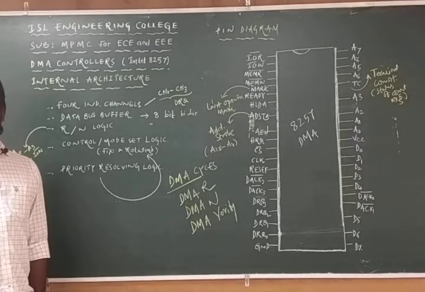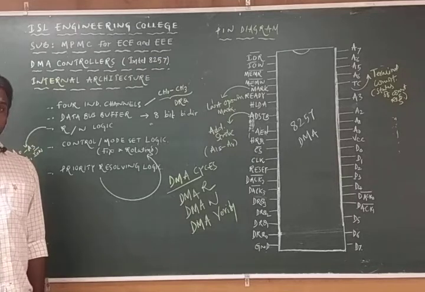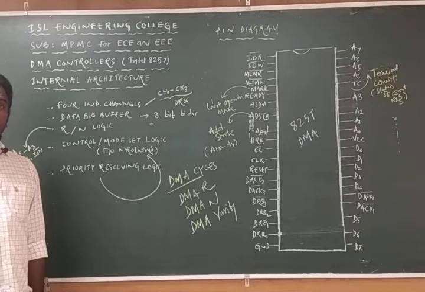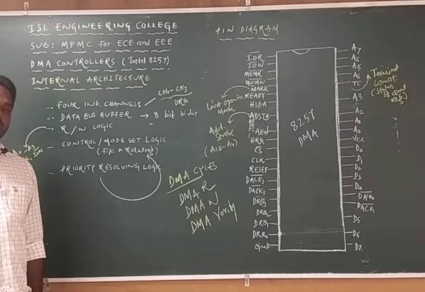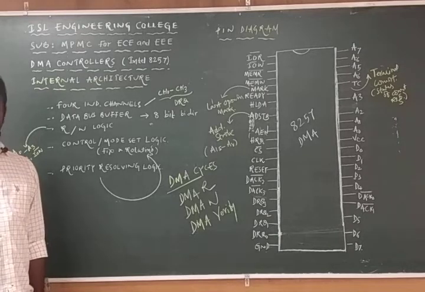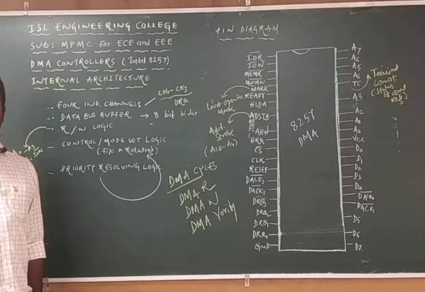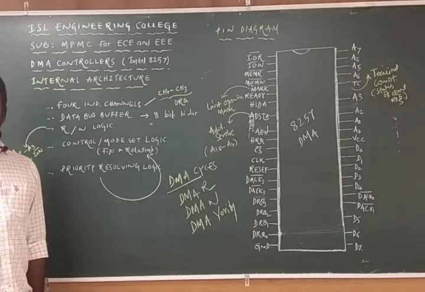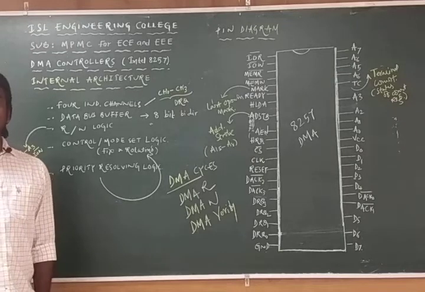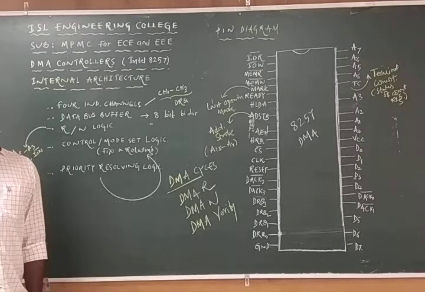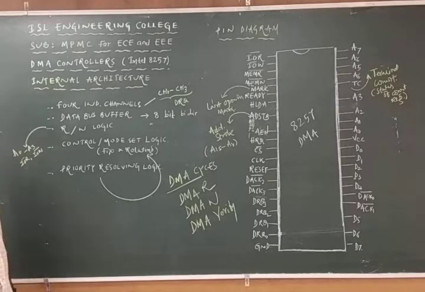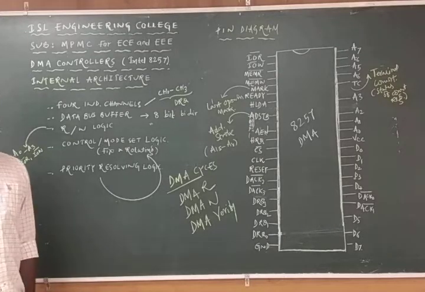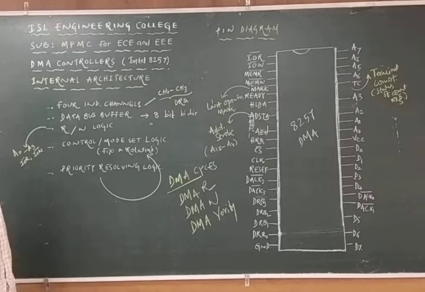That means by making use of the 8257, 4 input-output devices can be interfaced with the 8086 or 8085 microprocessor, such that these 4 input-output devices can access the data directly from the memory by requesting the data bus or the system bus of the microprocessor.